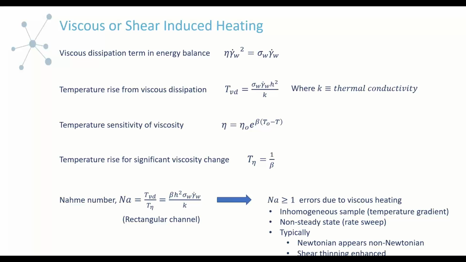And then also, if we're doing, say, a rate sweep, now we're going to enter into a situation where we don't have steady state anymore, because as we pump through the channel at higher and higher rates, we're going to increase the temperature more and more.